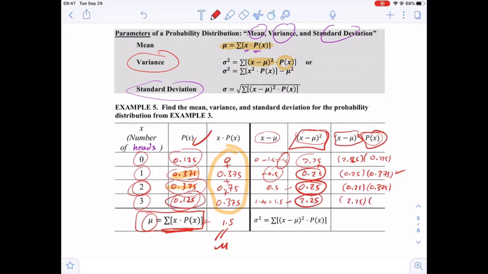2.25 times its corresponding probability, which is 0.125, and using the calculator we get the following numbers: 0.28125. For the second one we get 0.09375, same thing here, and here 0.28125.